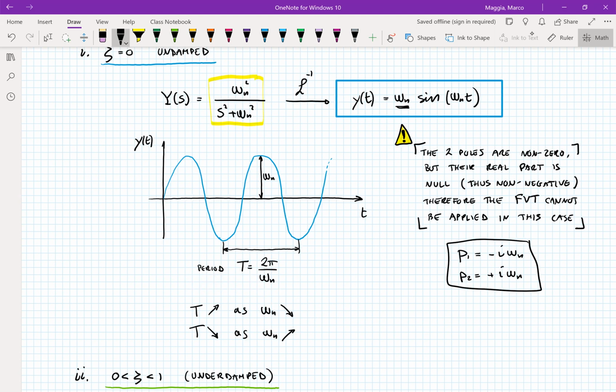And therefore, the final value theorem cannot be applied. And this makes sense because you see the function is a harmonic function. It oscillates forever, so it doesn't really have a defined steady state value or final value. It will always oscillate between plus and minus omega n.